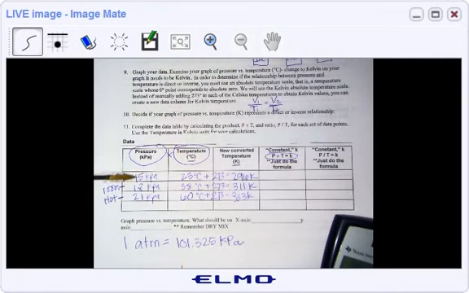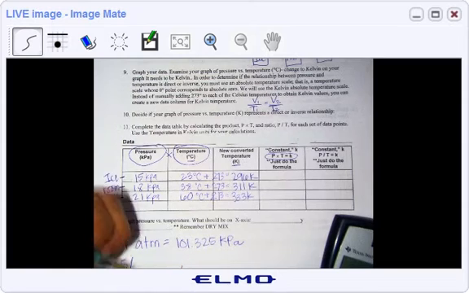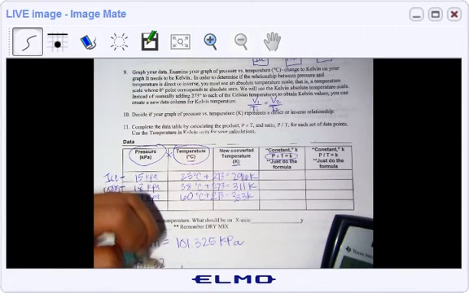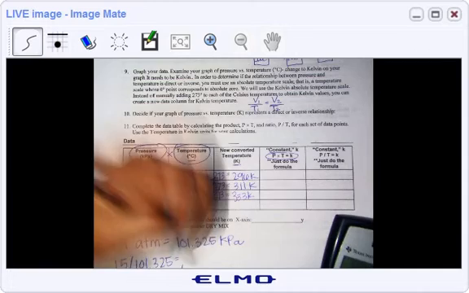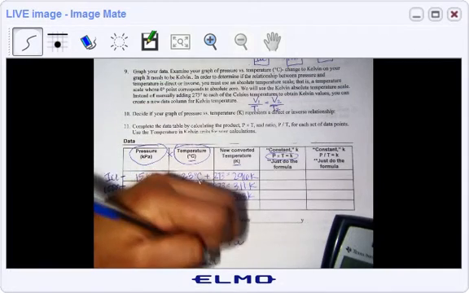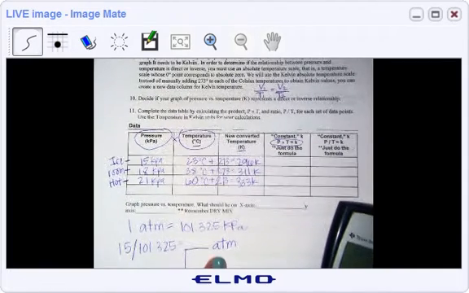So you get your original pressure and you divide by the conversion. And that is how you're going to get your pressure in ATM. That is the standard pressure unit.